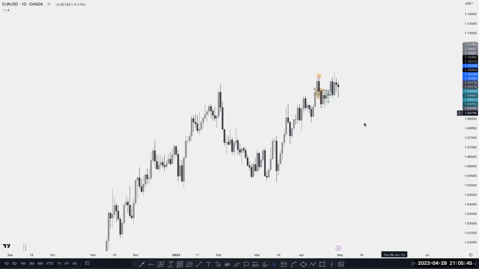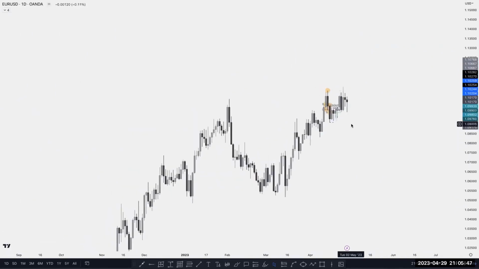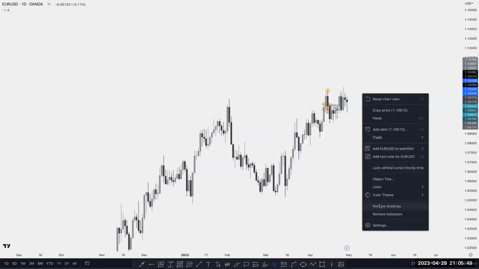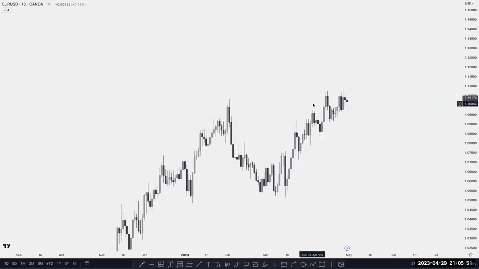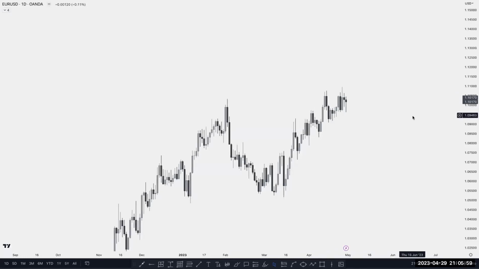In an inducement, right now you can see. First of all, delete all thing. Break of structure, push downside and upside.